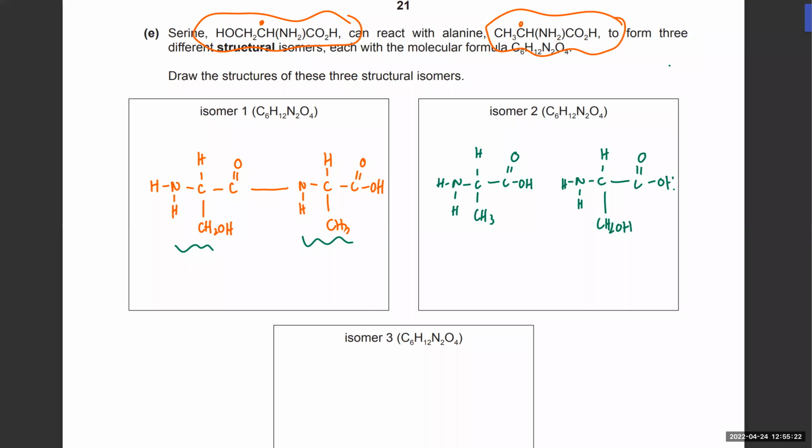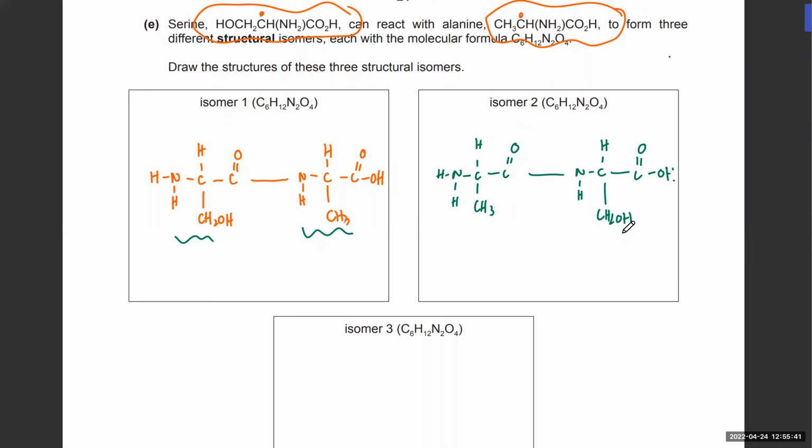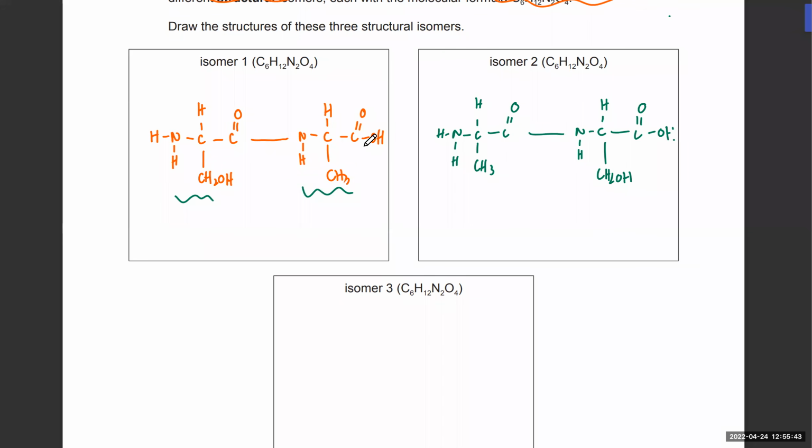Again the OH would be lost and the H would be lost, and they would end up forming an amide link. These two are different because on the NH side one has a CH3 and the other has a CH2OH. Is that clear? Yes, sir.